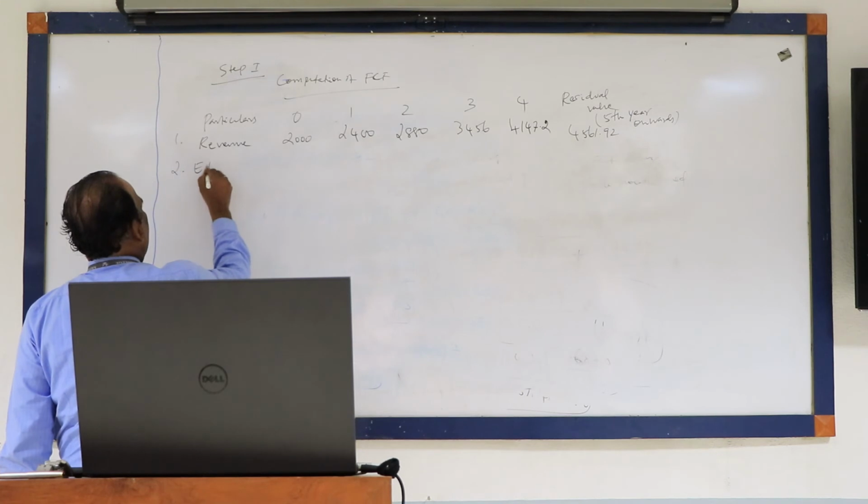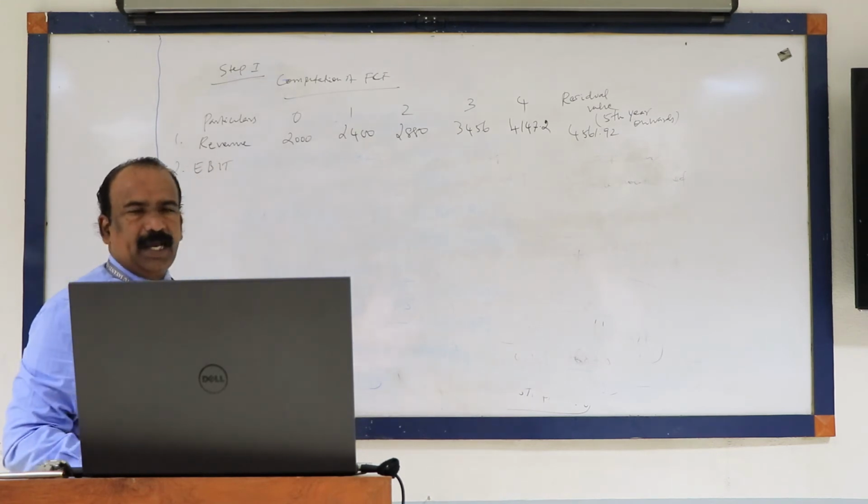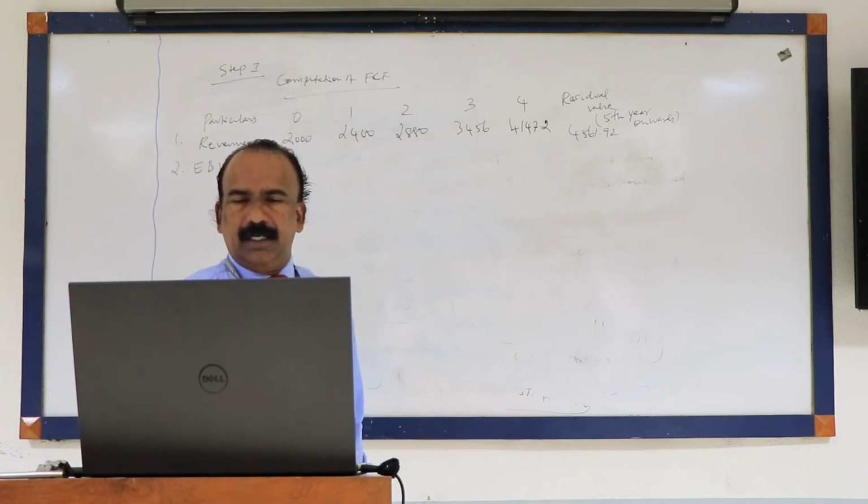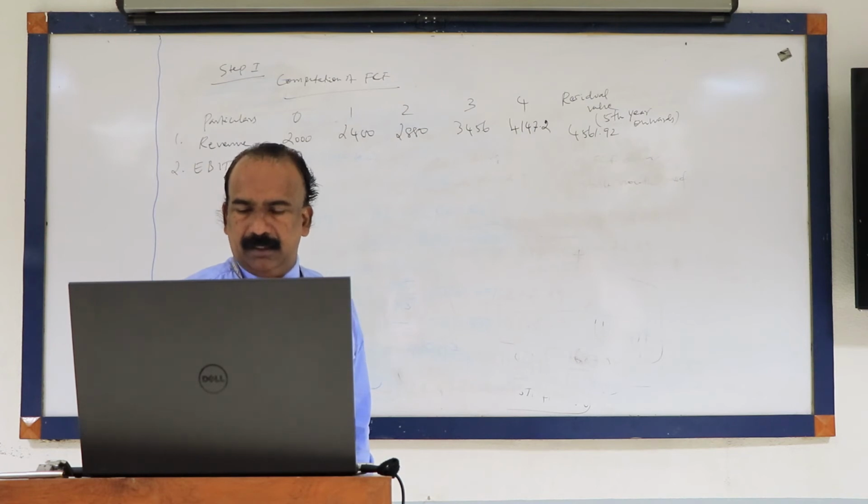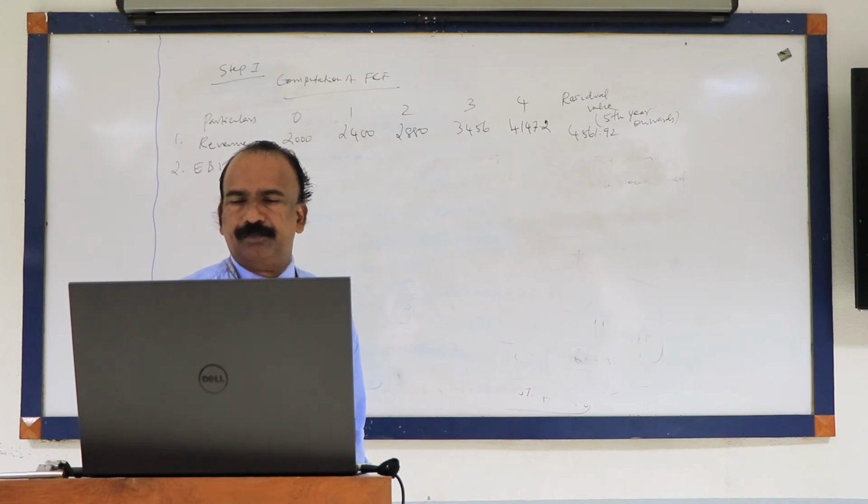Then the second one, EBIT. EBIT is earnings before interest and tax. EBIT is 250 million.